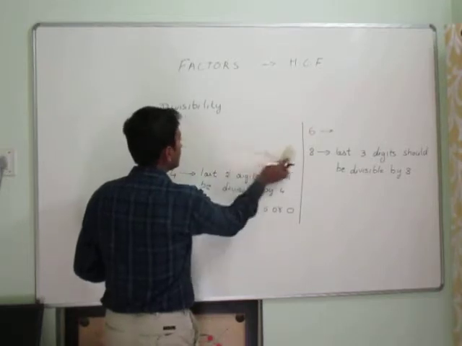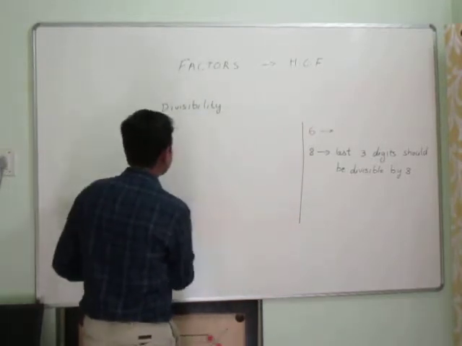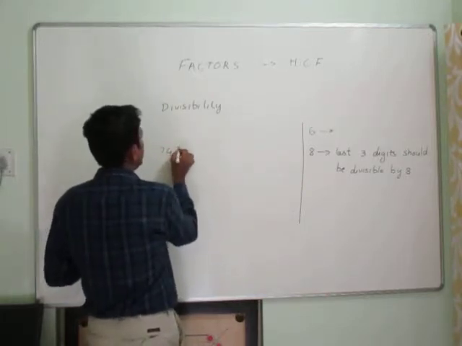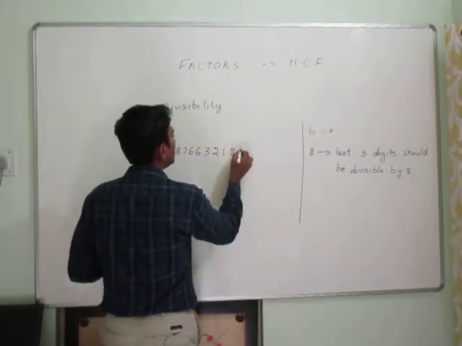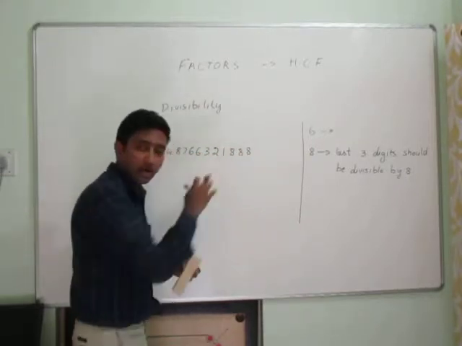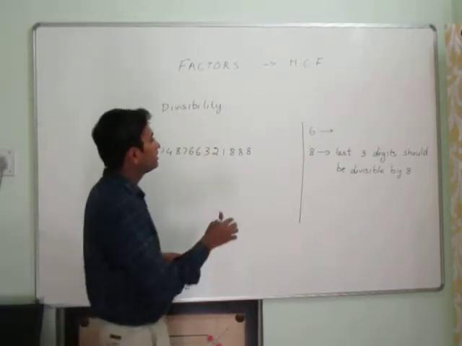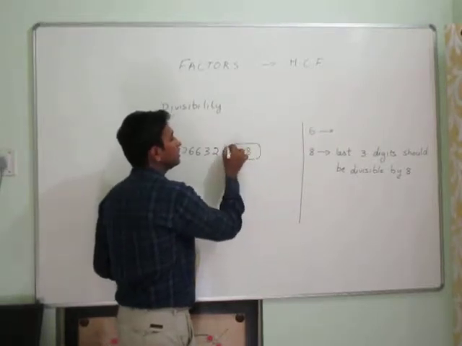Now an example for that would be 7487663218888. Suppose you have a big number like this. I want to know whether it is divisible by 8 or not. What are the last three digits of this number? 888.